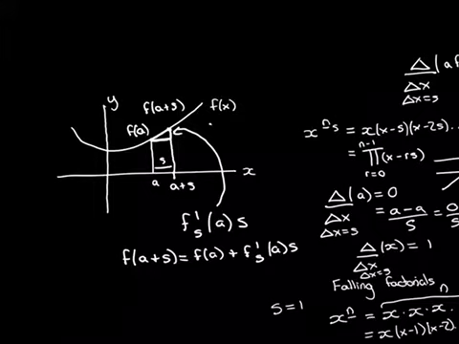The point is that if you know the value of the function at the point a, and you know the value of the first derivative evaluated at a, then you instantly know the value of the function at the point a plus s. So why am I stressing this so much? Because this is where the derivation of the Newton series is going to come from.